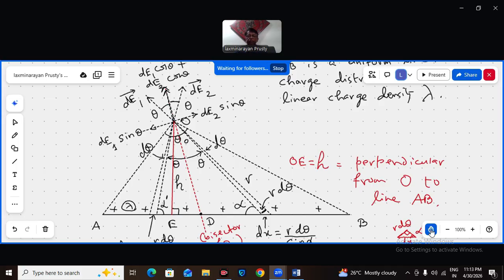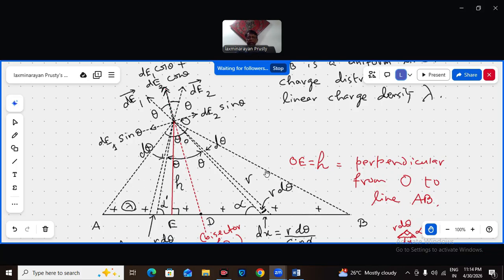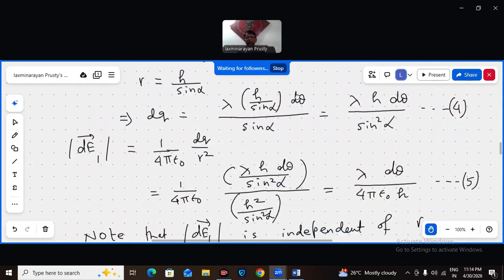Yes or no? That's what I say. If this angle is theta naught, then the electric field by AB length of uniformly charged line charge distribution will be along the bisector of this apex angle theta naught.